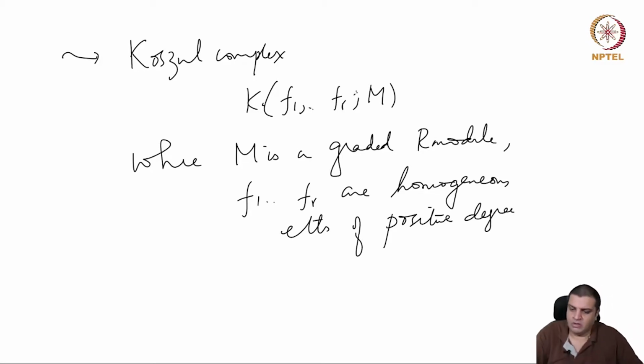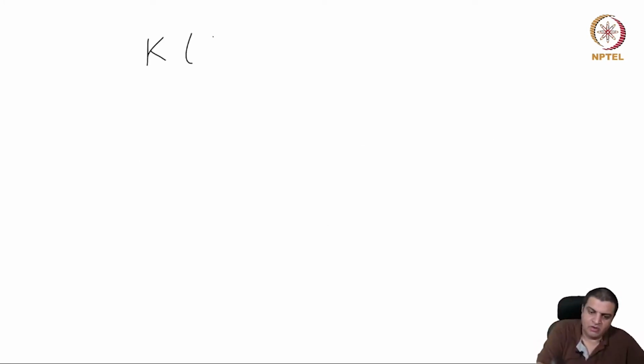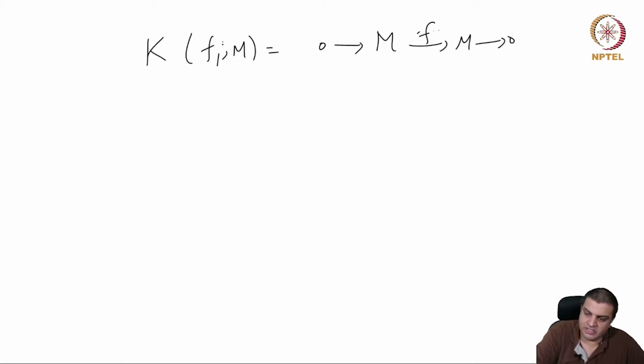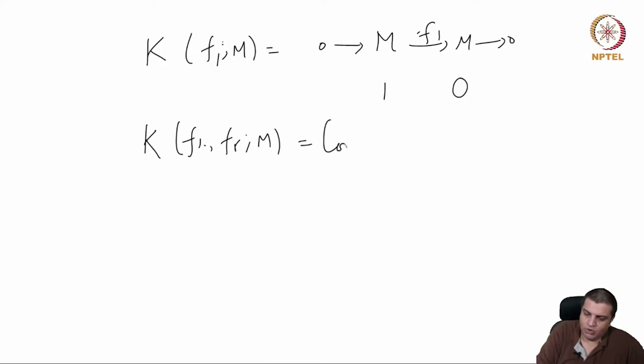We start with K of F1 on M as 0 to M to 0, multiplication by F1. This is in position 0 and this is position 1. And then we define inductively K of F1 through Fr on M to be the mapping cone of the map in which we take r minus 1 of them and multiply.